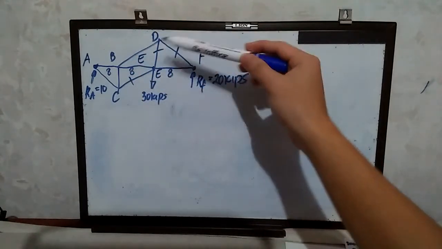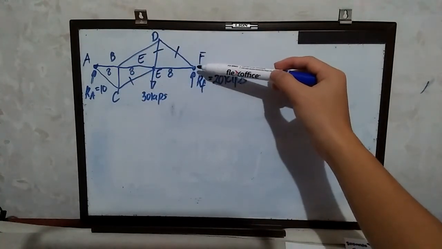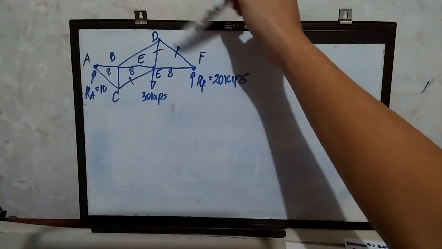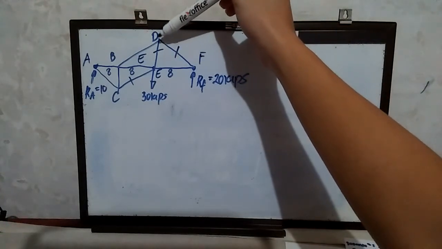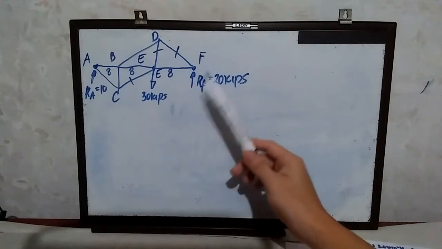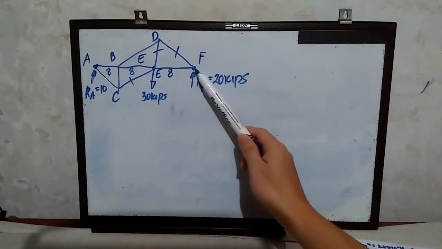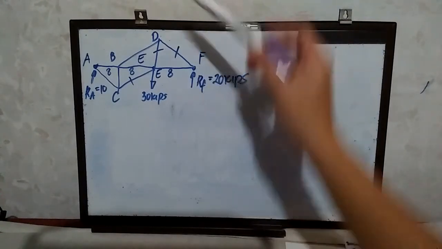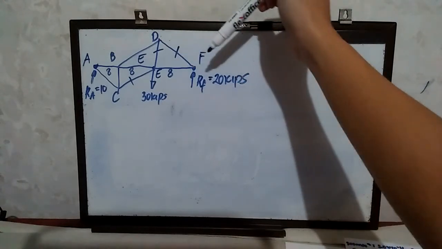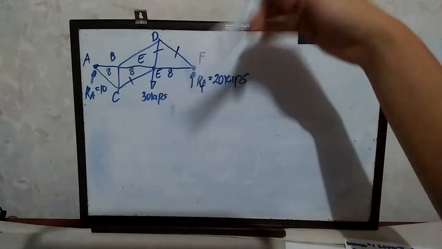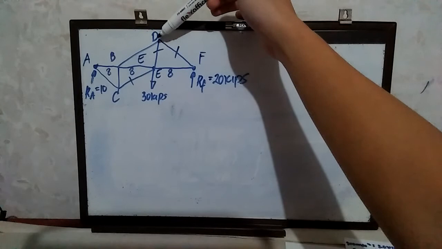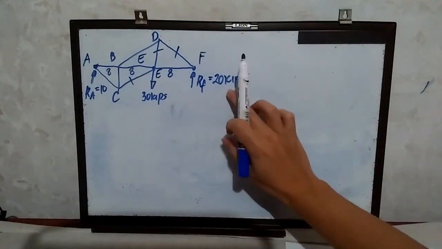What I mean to say is that if we have any information regarding the structure itself, for example here at member DF, if we have this R sub F at this point and it is near to member DF, then we can solve for the force acting at member DF because we have this 20 kilopounds.